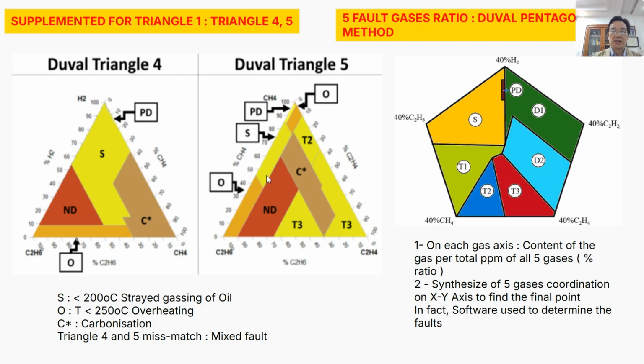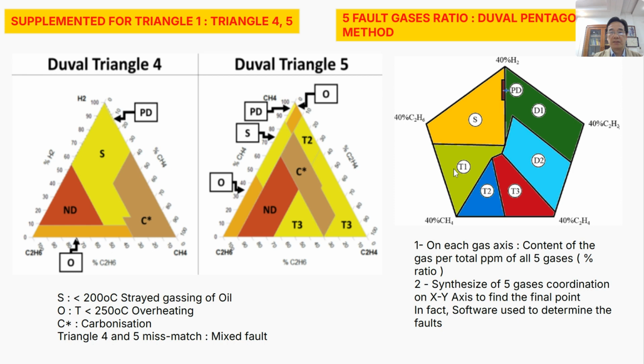Okay, so similar to the Duval triangle, we have another method here, the Duval pentagon. With the Duval pentagon, similar to what we do with the Duval triangle, but here we consider all the gases, all 5 gases we have in DGA, and we plot in a pentagon like this, for each gas we have here on each side of the pentagon.